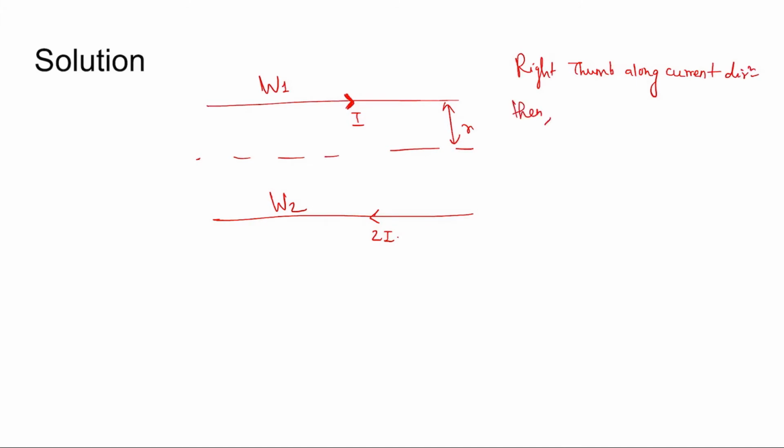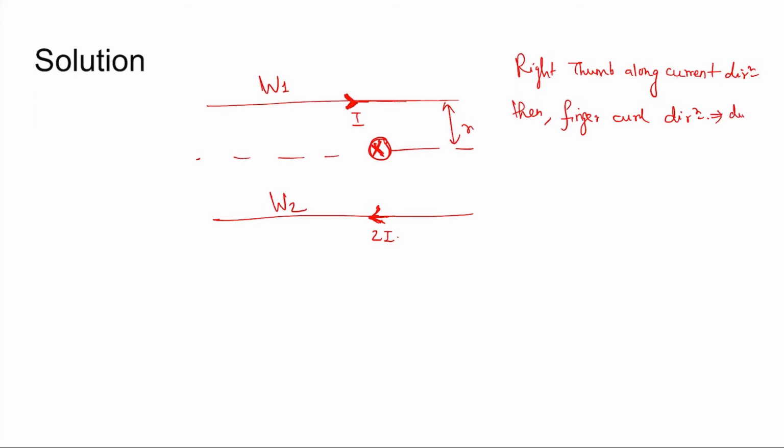Then the finger curl direction, that is curl your finger by pointing your thumb towards the direction of this current direction, then your finger curl direction goes into the plane. So due to this wire, the magnetic field is inside the plane, and also due to this wire, the magnetic field direction is inside the plane only, so both are additive.